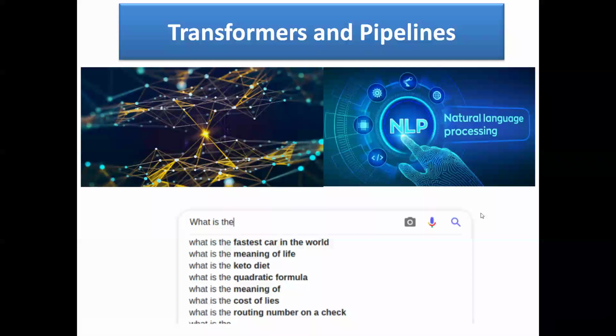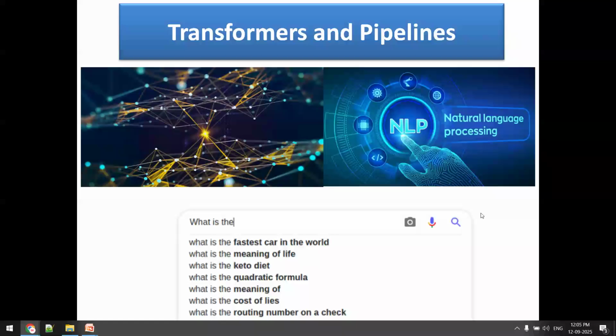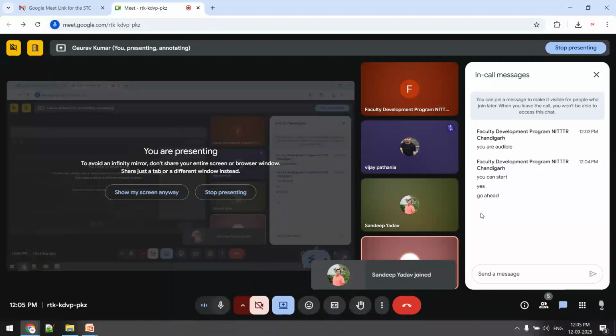Dear all, in this session we will discuss different aspects of transformers and pipelines in deep learning. In generative AI also, transformers and pipelines are widely used for content creation, content summarization, and different types of implementations.